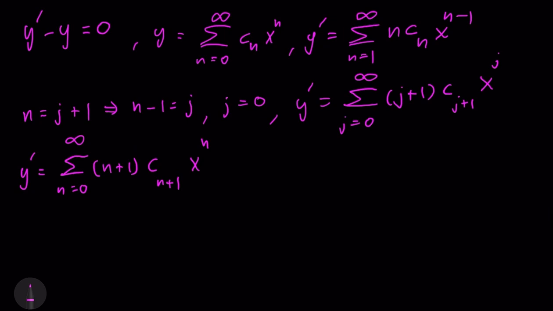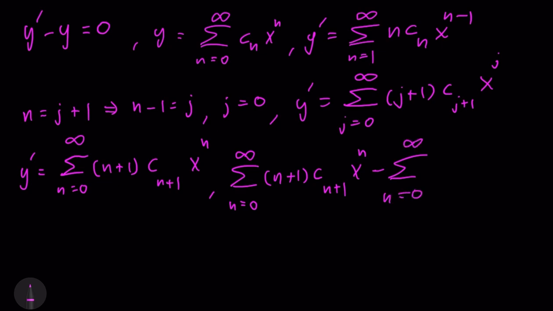So now we have everything we need, and let's replace y prime minus y equals 0 with these series. So y prime, we said, is the sum from 0 to infinity of n plus 1 c sub n plus 1 times x to the n, minus y, but we said y is this, so minus the sum from 0 to infinity of c sub n x to the n.